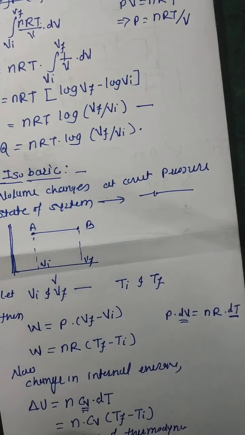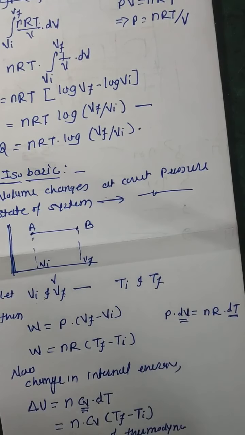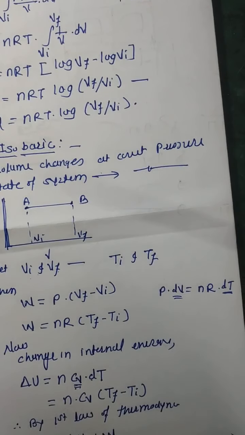Work is nR into Tf minus Ti. If suppose n is constant, also Tf minus Ti is common, take this part common, then we get Cv plus R.